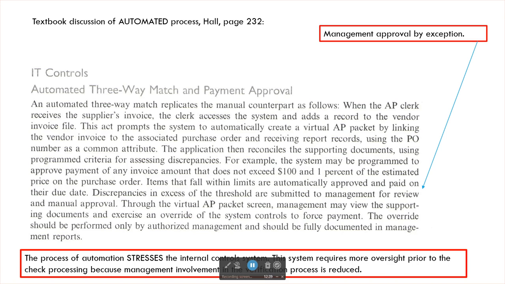And so what this is doing is it's reducing the levels of oversight. So you have to have more oversight prior to check processing because the management involvement in this is reduced. And this sort of process often is done as management by exception. That is to say, if a check is over a certain amount, in this case it's over 100, then you would have an additional layer of review.